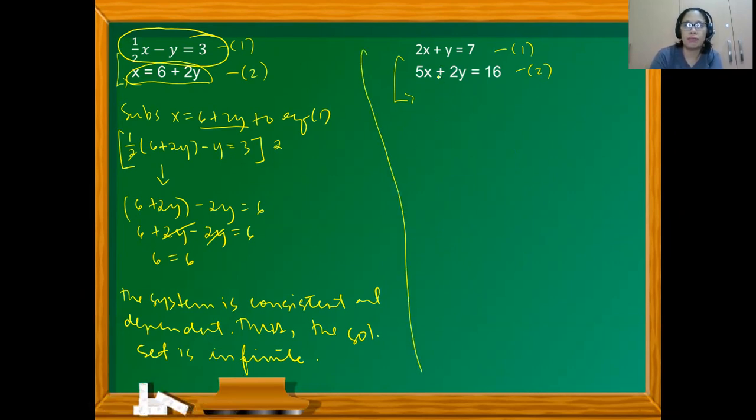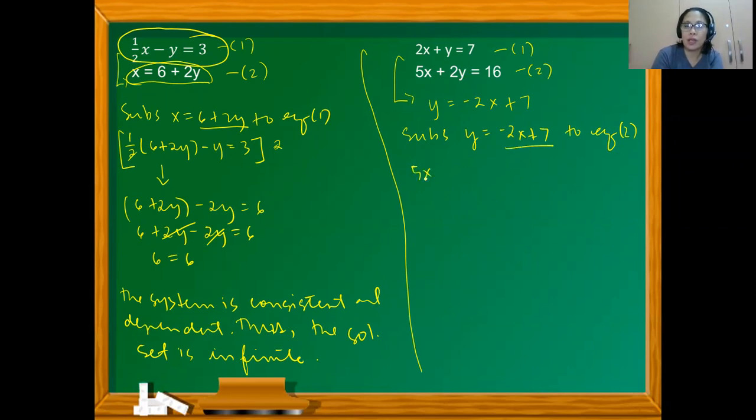So I think we just have to transpose 2x on the other side. So we have y equals negative 2x plus 7. And then we will substitute y equals negative 2x plus 7 to equation 2. Okay? So instead of writing y here, we're going to replace this by negative 2x plus 7.